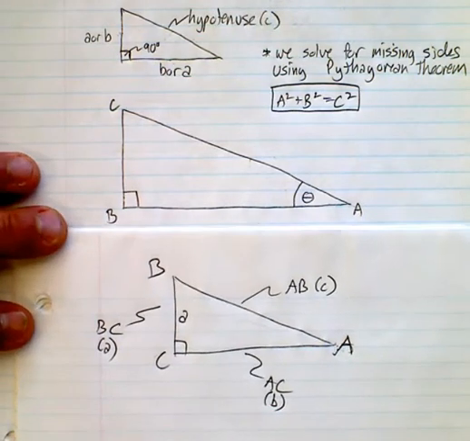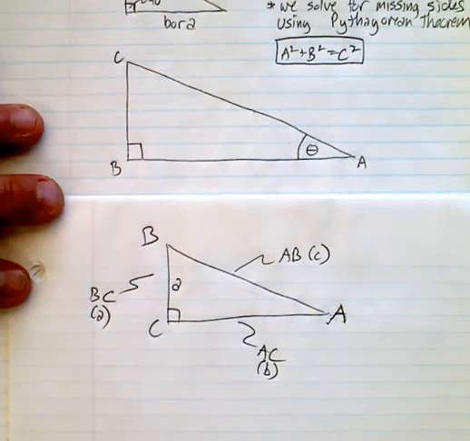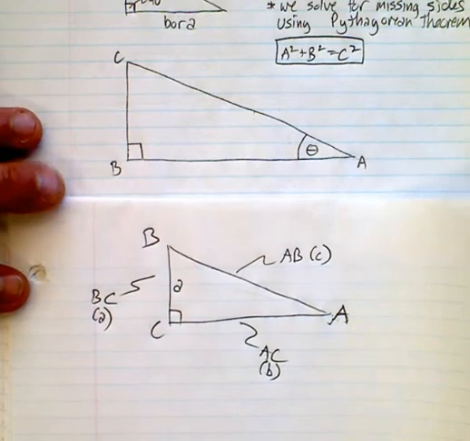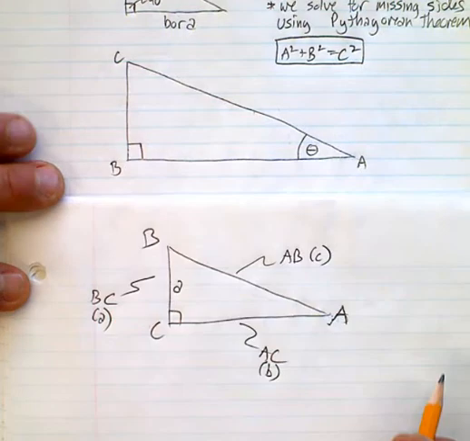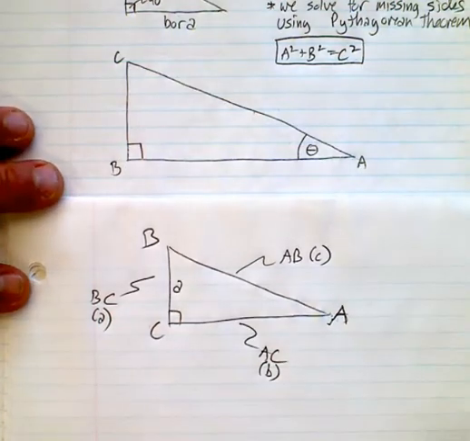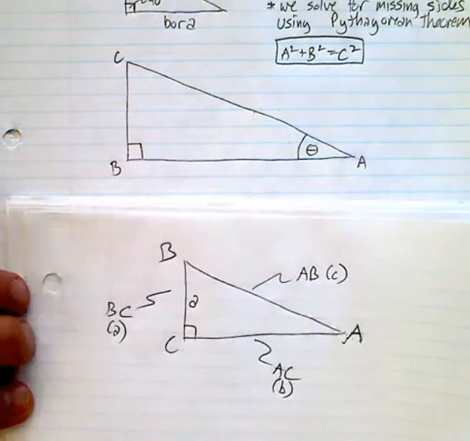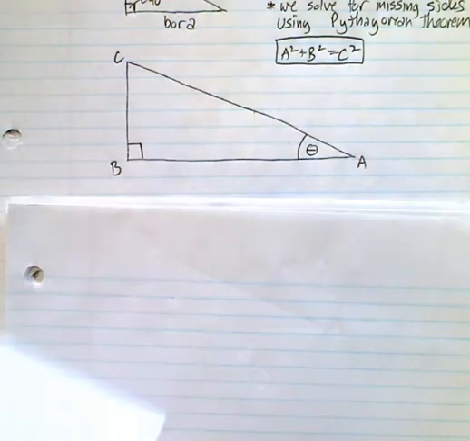One thing that I want you to understand as well is that in a triangle, we have three angles and we have three sides. What you need to remember is that all three angles add up to 180 degrees.